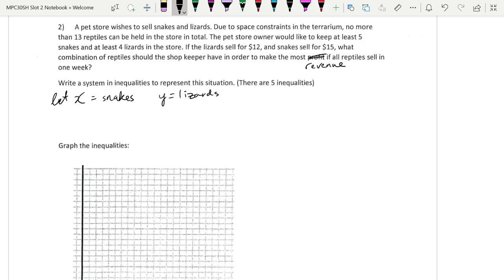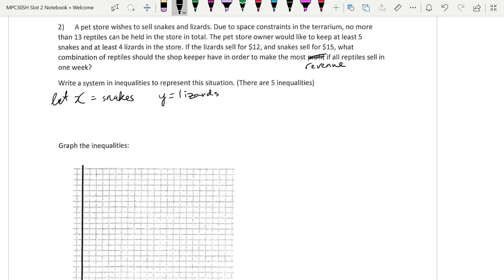Suppose I sell the lizards for $12, but it cost me $10 just to put them in my store. Meanwhile, the snakes, you go to the garden and grab a snake. So they cost me like $2 to put in the store, but I sell them for $15. Well, that's a very different profit equation. So this is just a revenue equation, not a profit equation.